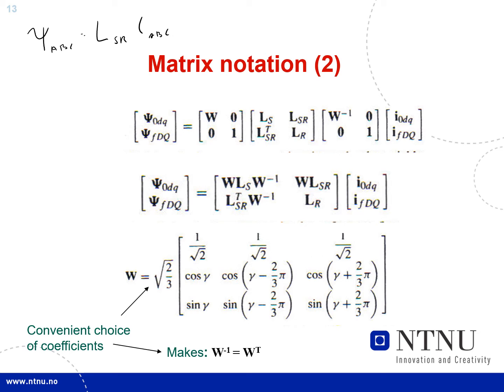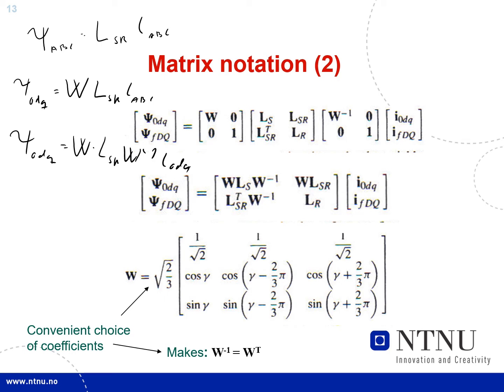We transform to 0dq quantities by the transformation, and then also transforming the currents, we have psi 0dq equals W times LSR times the inverse to get to 0dq.